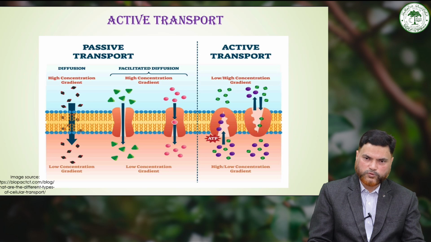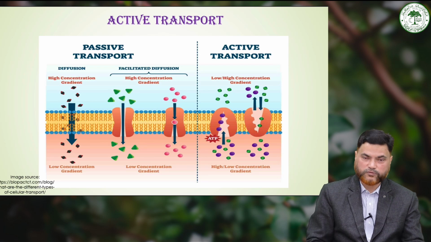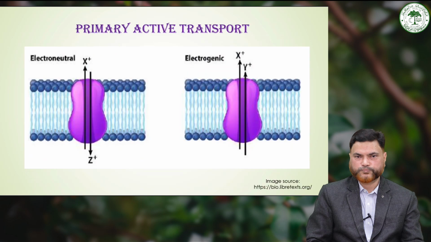Active transport leads to accumulation of solutes on one side of the membrane, creating a concentration gradient. But transport of solute along the electrochemical potential gradient does not require expenditure of energy. If it is occurring against the concentration gradient, it requires an input of energy. That's why the name active transport.